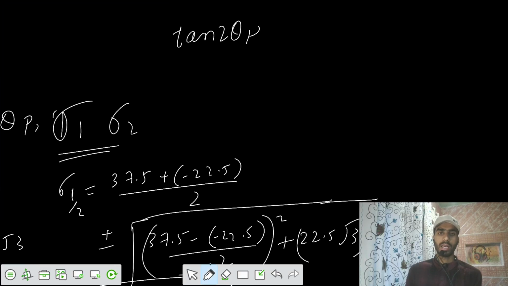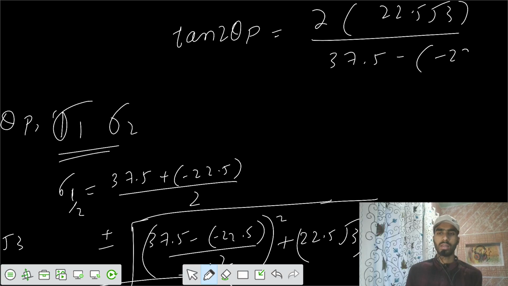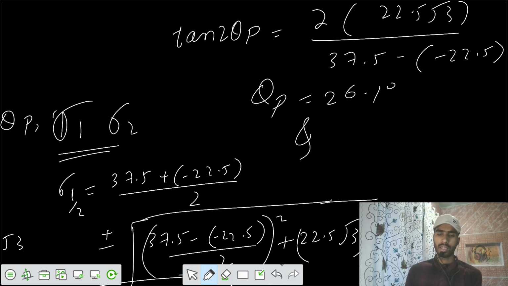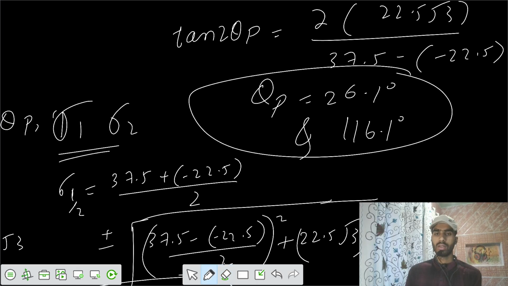And I can get also the location of the principal plane, that tan 2 theta p equals 2 times tau xy by sigma x minus sigma y, and we get theta p equals 26.1 degrees, and we can say if you add 90 degrees, you can get 116.1 degrees with respect to the vertical plane P. So this was by the analytical method.